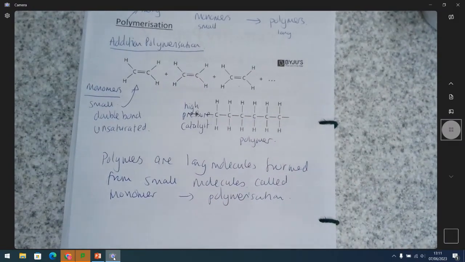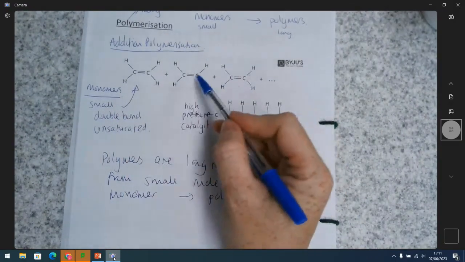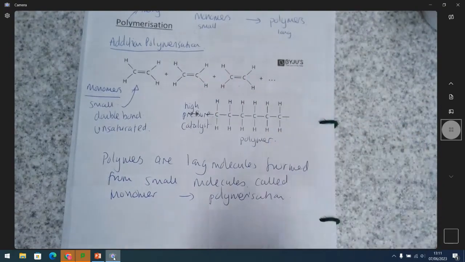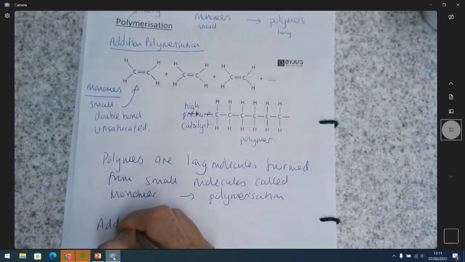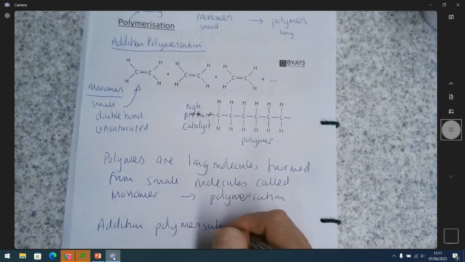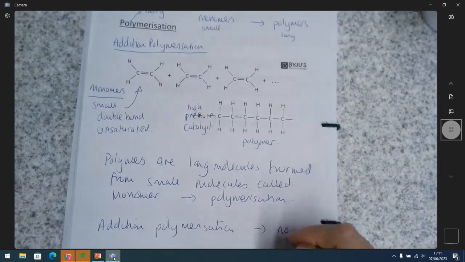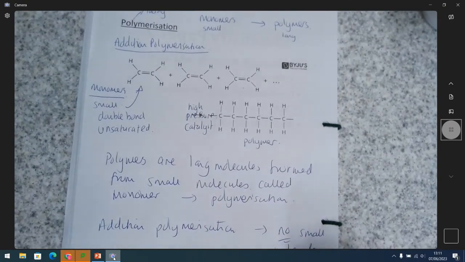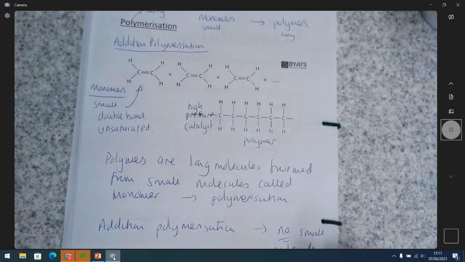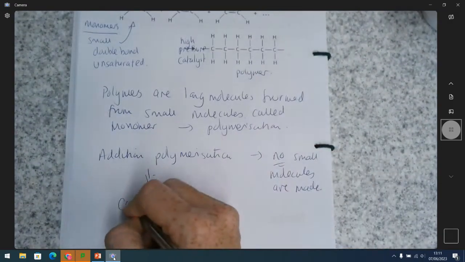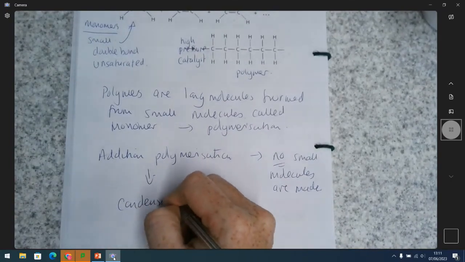And when we have addition polymerization, as we do in this case, we do not make anything other than just the polymer. So in addition polymerization, no small molecules are made. The reason I'm mentioning this is you might get asked to compare this to condensation polymerization.